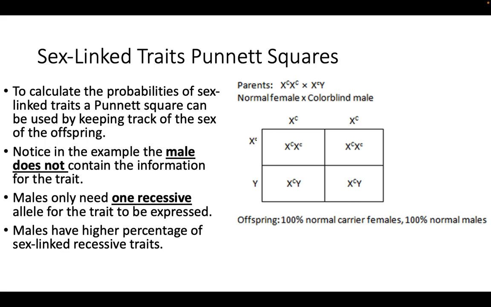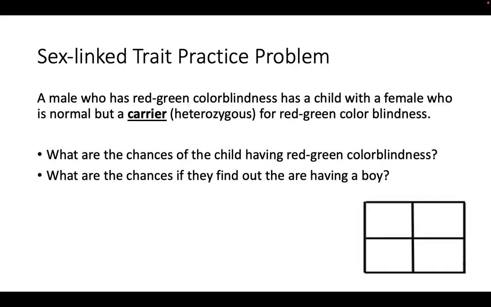Now, if the mom carries the trait, it gets more shady. That's where we can get the offspring that have the color blindness. So let's look at a male who has the color blindness with a female who is normal but is a carrier. It takes a lot for females to be colorblind.